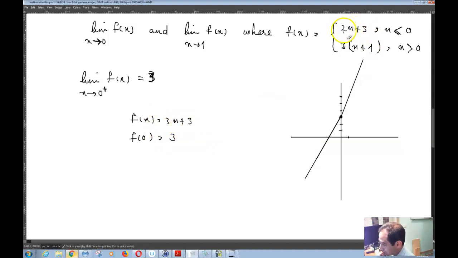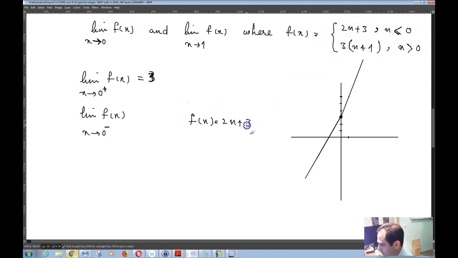Now you see that the limit of f of x when x tends to 0 from the left should be decided based on this part of the function. So let's suppose that f of x is equal to 2x plus 3.